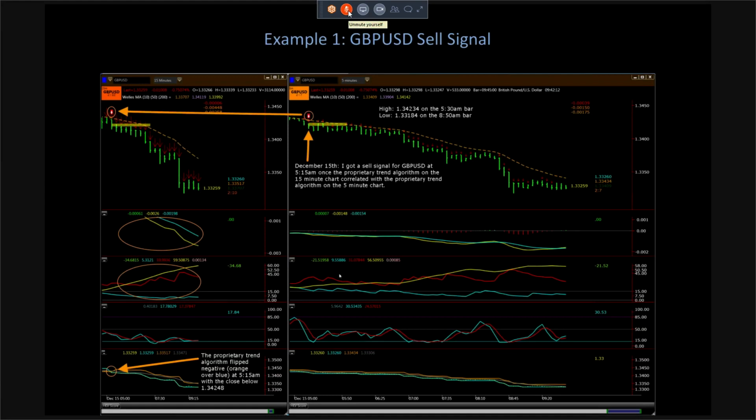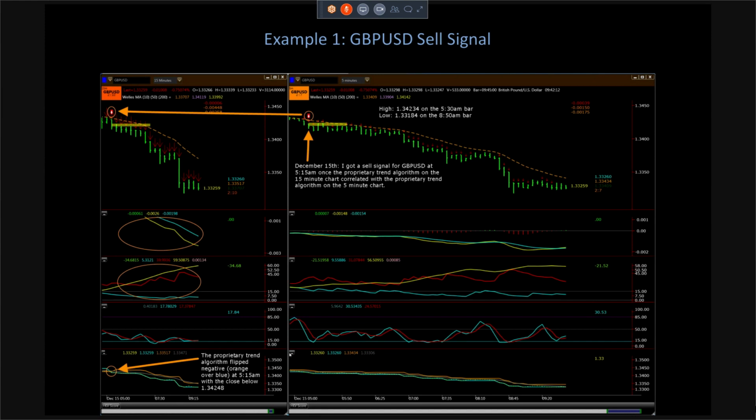You want to be on the right side of the market, and you're able to identify the trend.